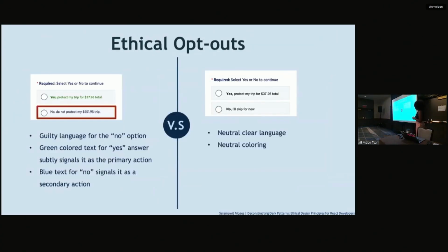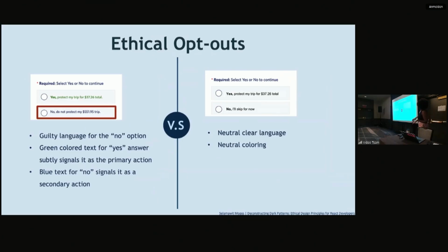Here on the right, we have an example where it says, no, don't protect my $600 trip. If we look closer, we can see there's guilty language for the no option. The green colored text for yes answers subtly signals that it's the primary action, while the blue text signals that it's the secondary action. When we think about it, they should both be neutral actions because we want the user to have agency, right?